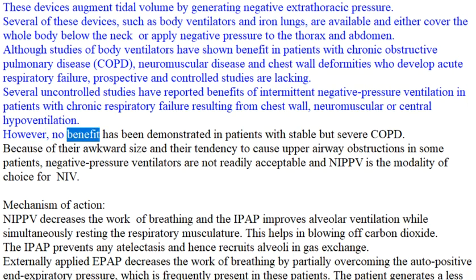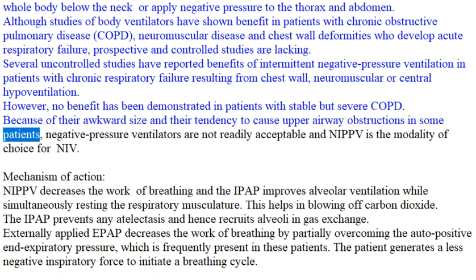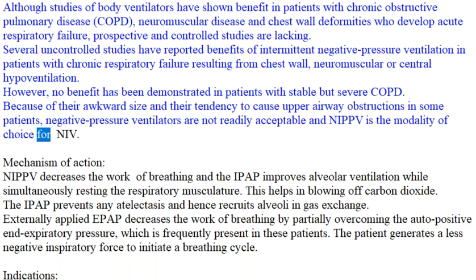However, no benefit has been demonstrated in patients with stable but severe COPD. Because of their awkward size and their tendency to cause upper airway obstructions in some patients, negative pressure ventilators are not readily acceptable and NIPV is the modality of choice for NIV.